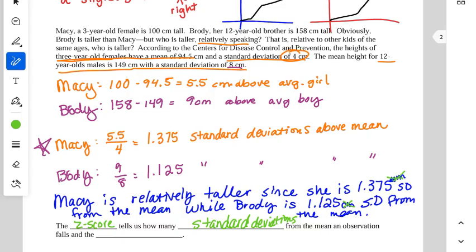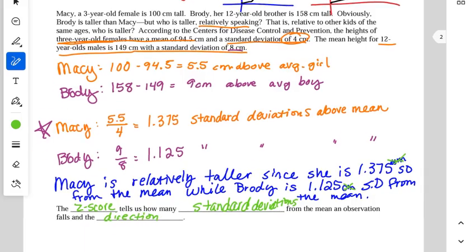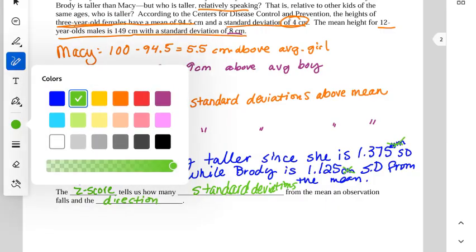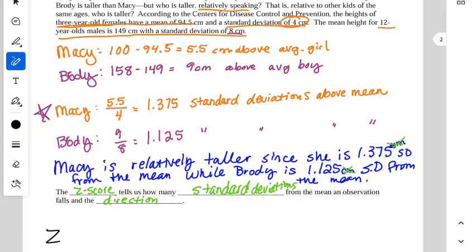I really should just say 1.375 standard deviations and 1.125 standard deviations. And so my Z-score will not have units. So the Z-score tells us how many standard deviations from the mean an observation falls and the direction. So these are both positive, so they're above. If they were negative, they would be below.